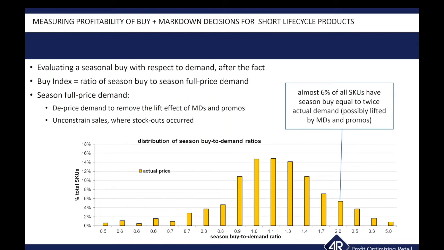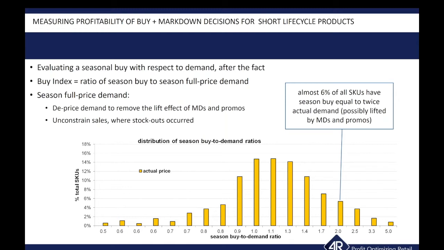So this data is from a retailer for a particular season, for a retailer with a few hundred products, different SKUs, and these are categorized in different buckets of season buy to demand ratio. So the way we read this histogram is, for example, that the bar at 2.0, which represents about 6% of the SKUs.